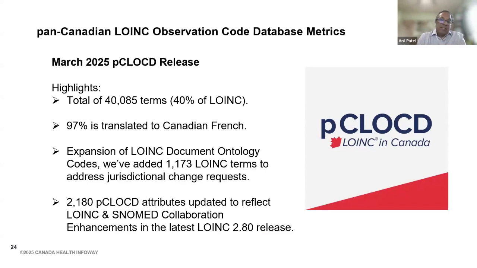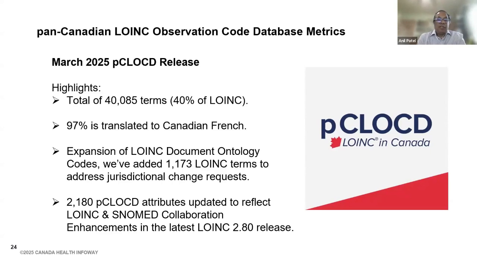And as I mentioned, and as it says here, for the expansion of the LOINC document ontology, we've added about 1,173. They came essentially from BC and Ontario. Their requests were added, but we can add more. I think there is capacity to add more to it.